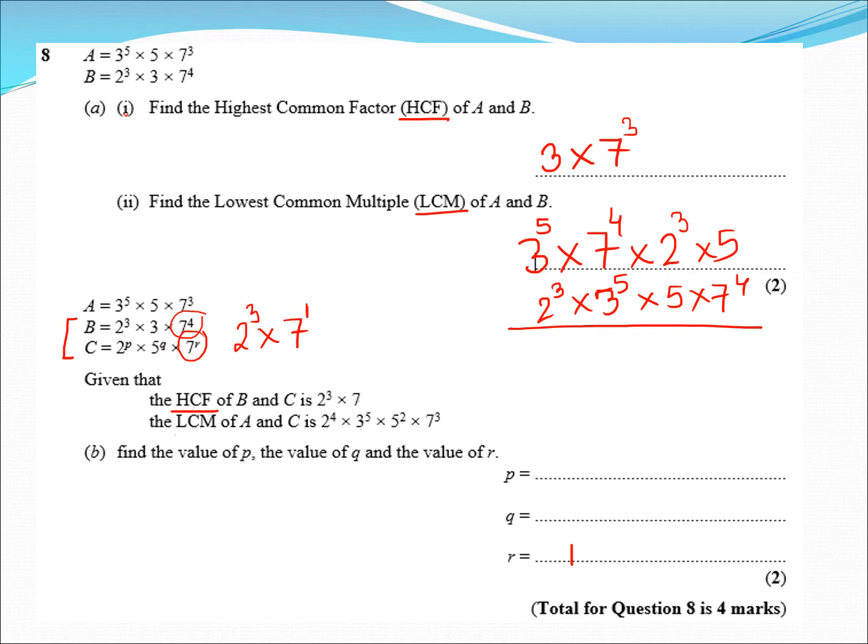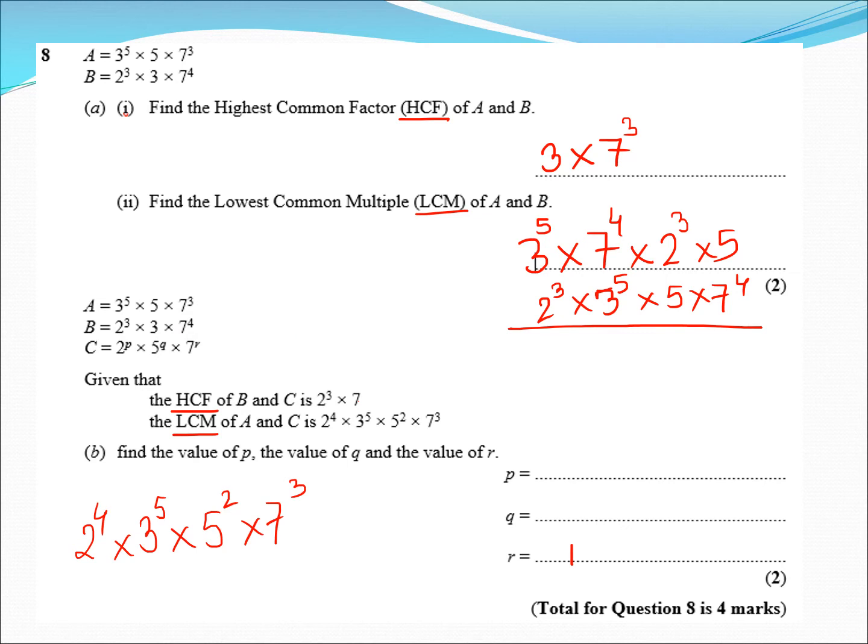Now when it comes to LCM, we pick the common factors with the highest powers and also multiply the uncommon factors. So let's write down what we have got. The LCM is 2 to the power of 4, 3 to the power of 5, 5 squared and 7 cubed, right? And that is the LCM of A and C. So let's look at this now.